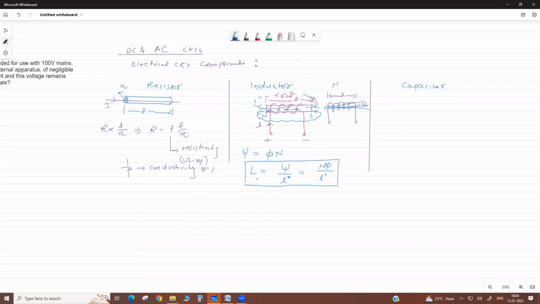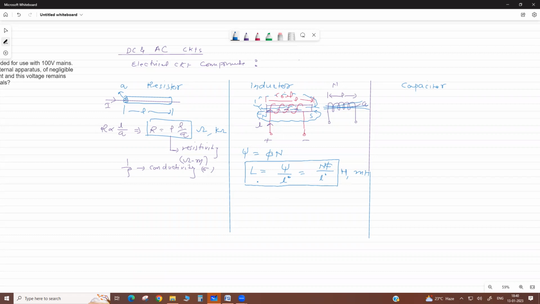It is also the property of a coil which opposes the change of current through it. The unit is Henry or millihenry. Like the unit of resistance is ohm, kilo ohm, mega ohm, milliohm, a smaller unit.